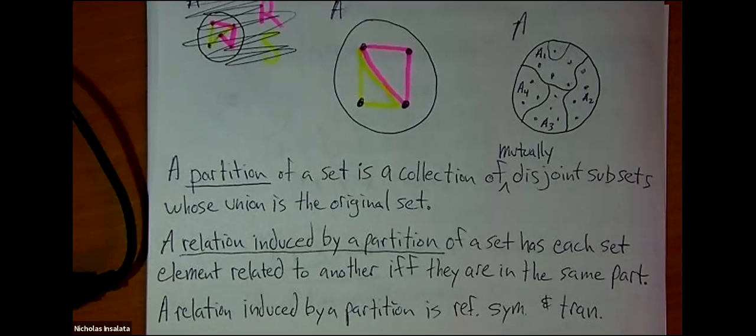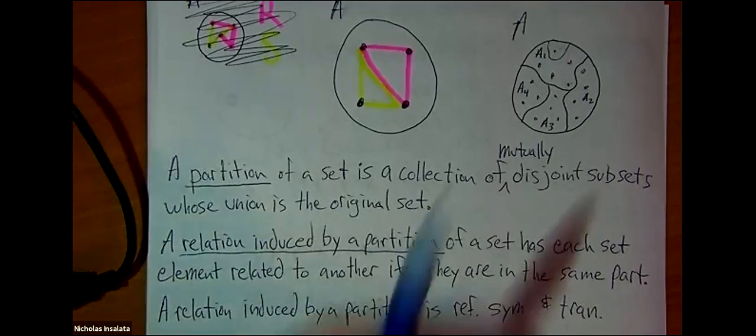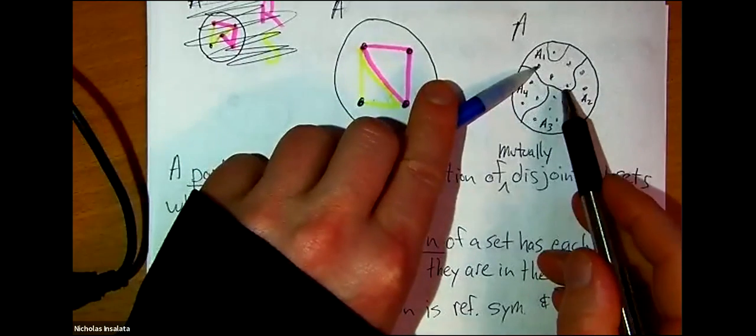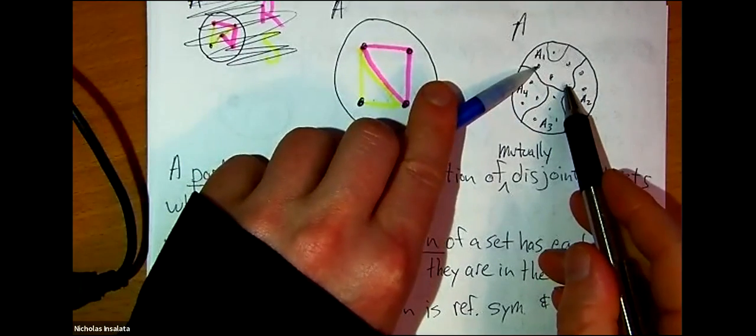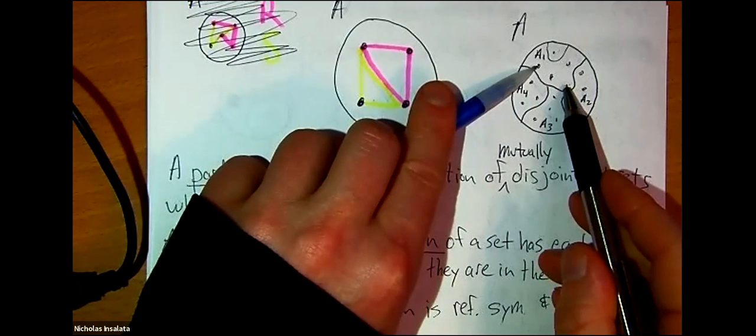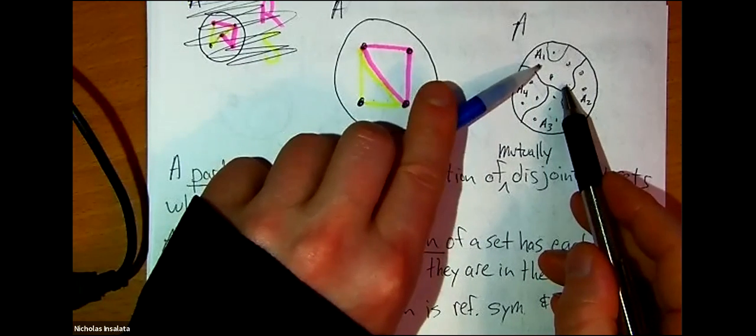If a first element is in the same part as the second one, then the second one is in the same part as the first one. If here's my first one, and here's my second one, and they're in the same part, end of story. That means the second one is also in the same part as the first one.